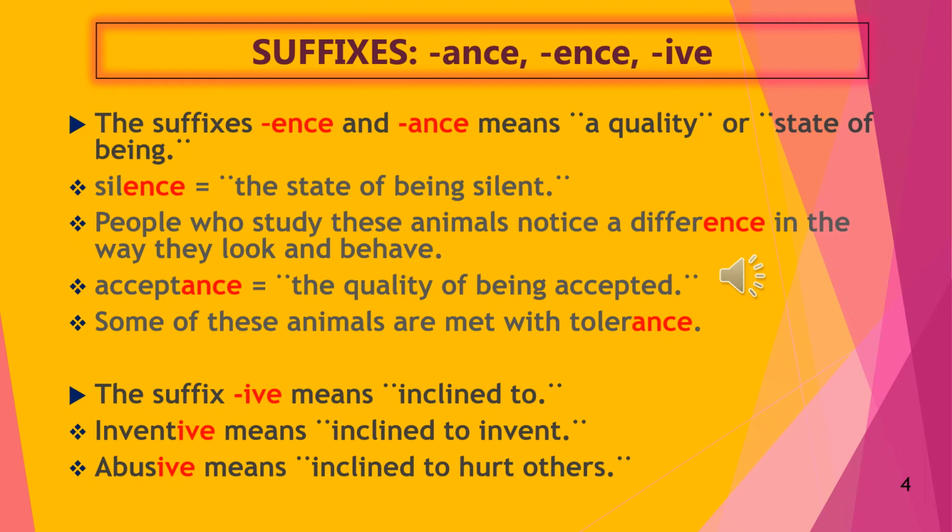And here you have the meaning of each of the suffixes that we talk about in this page. Please review this page and the rest of the pages that you have here and make sure that you understand what each suffix means. Okay, now let's move to the next page and then we are going to talk about the homework.